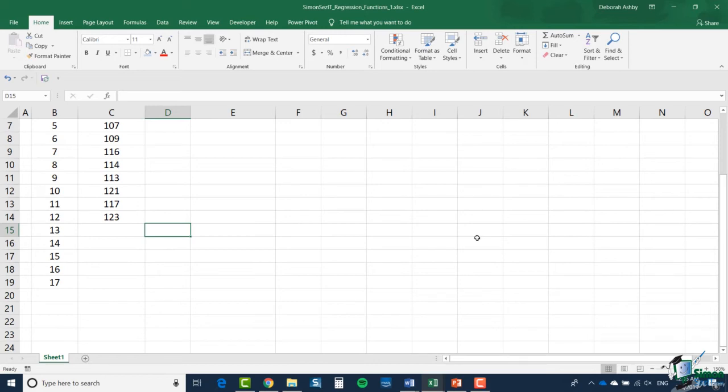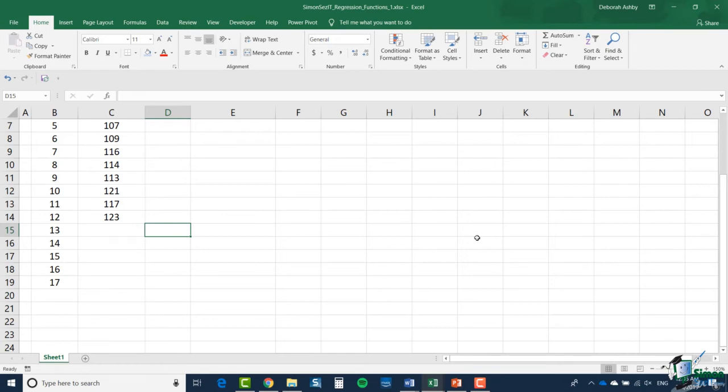But this function, forecast, bundles the whole operation into a single function. Now in Excel 2019, that single function forecast has been superseded by a more specific function called forecast.linear. But forecast.linear basically does what I just described.